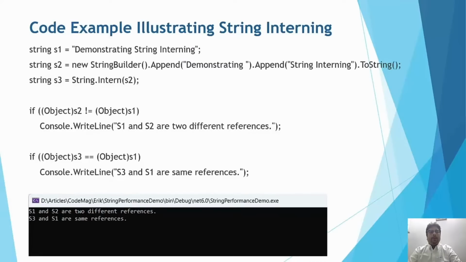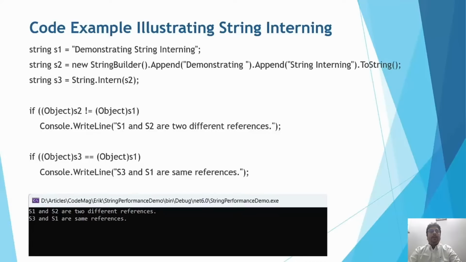So now when you run this piece of code where you are checking whether S1, S2, S3 are the same, you will see that S1 and S2 are two different references, but S3 and S1 are the same reference.